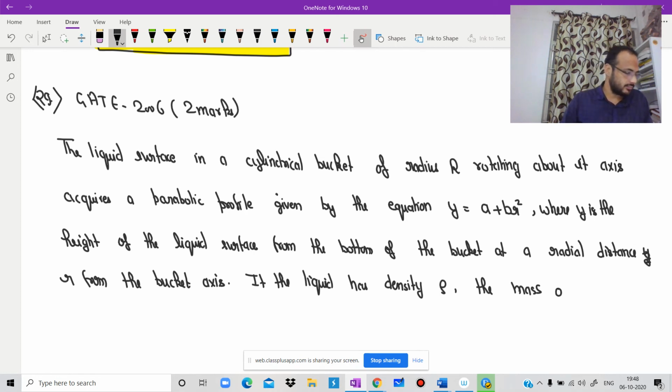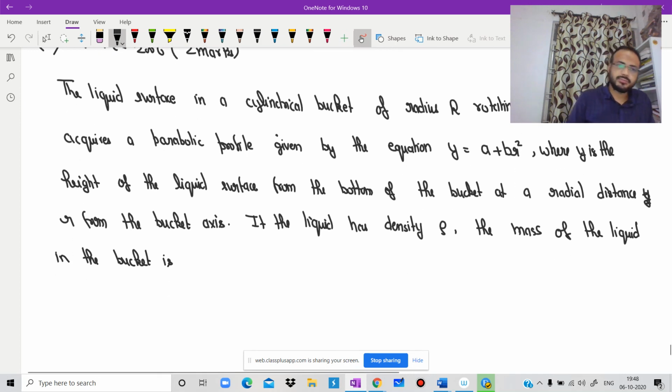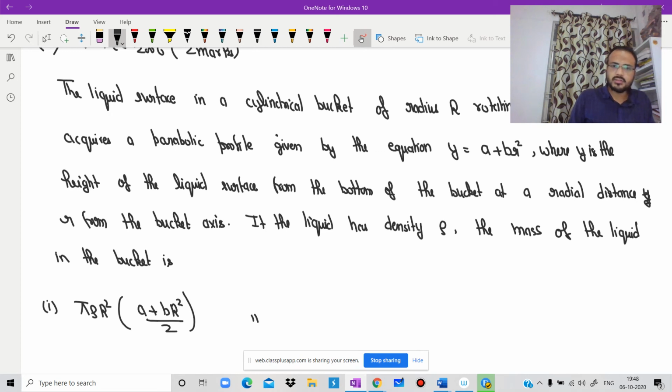Then the mass of the liquid in the bucket is given by pi rho R square, this one, second one, third option.